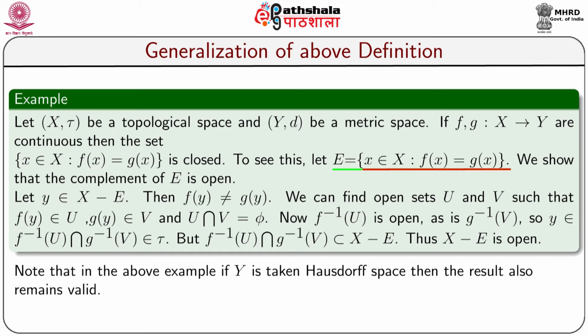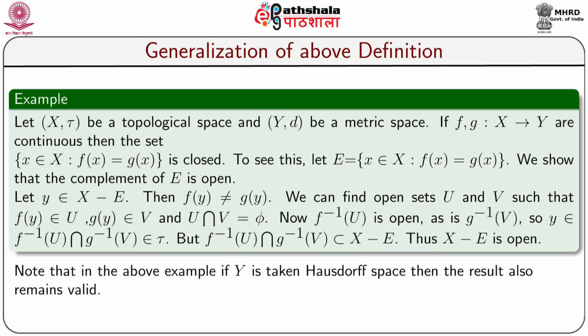Let E be the set of all x belonging to X such that F(x) is equal to G(x). We show that the complement of E is open. Let y belong to X minus E. Then F(y) is not equal to G(y). We can find open sets U and V such that F(y) belongs to U, G(y) belongs to V and U intersection V is equal to the empty set.